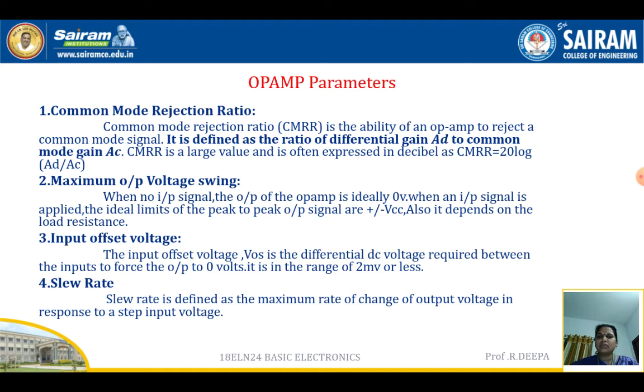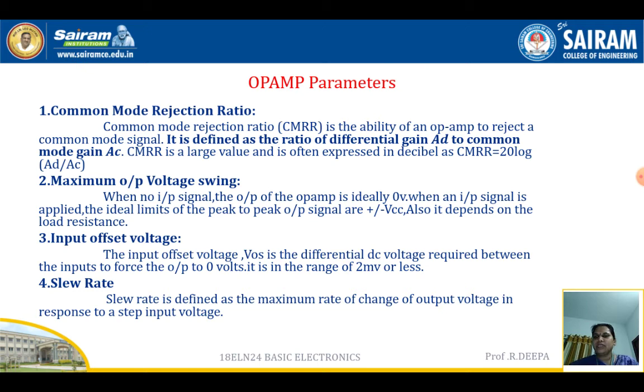If there is some output, we have to nullify it. For that, we apply a small input voltage across the input terminals to make the output 0. This voltage we name the input offset voltage. Normally it will be in the range of 2 millivolt or less.